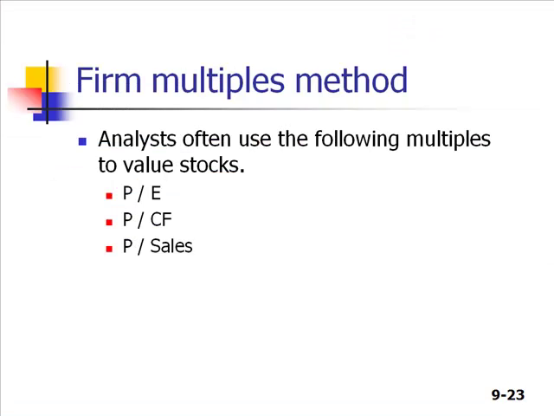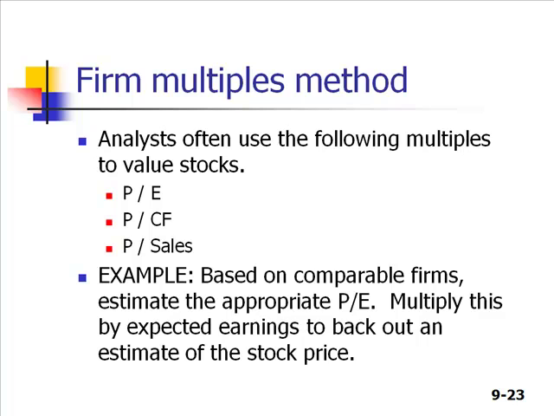Okay, but that is the idea anyway. We're going to estimate an appropriate PE ratio and then multiply by the expected earnings per share, and that gives us an estimate of the stock price. Even though it's not perfect, even though it's not really precise, it can give us a ballpark estimate, and it can help us to identify situations fairly quickly where a stock might be overpriced or underpriced.